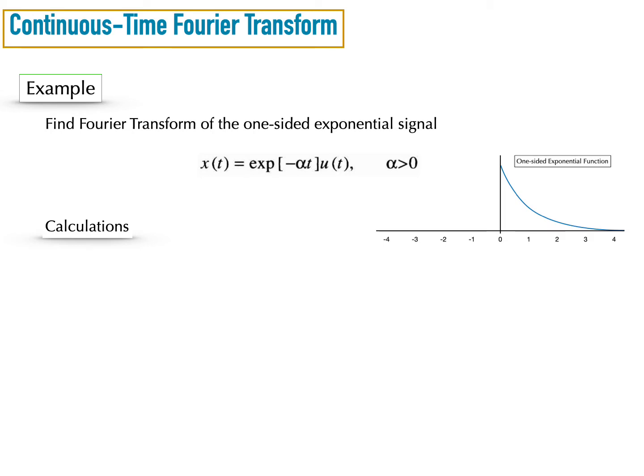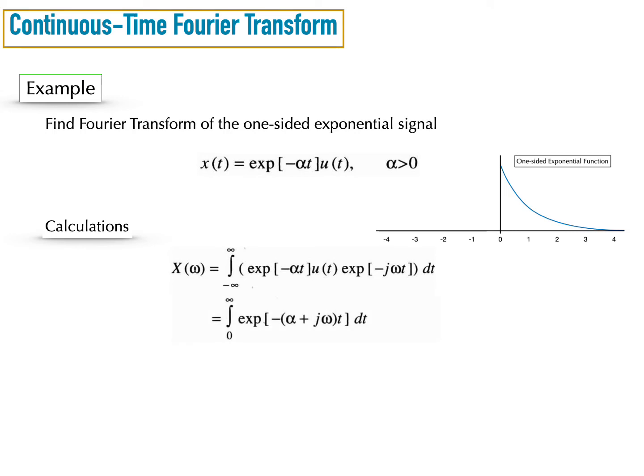When we perform the Fourier transform, the standard formula is that we multiply our function x(t) with exponential of minus j omega t and perform integration from minus infinity to positive infinity. We can write it like this here, but since it is a one-sided function, our limits of the integral will change.